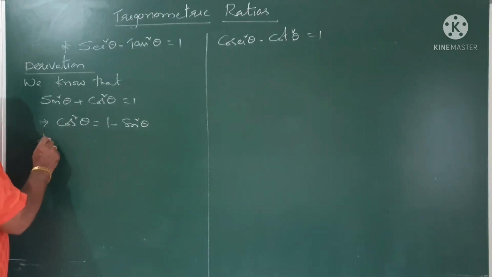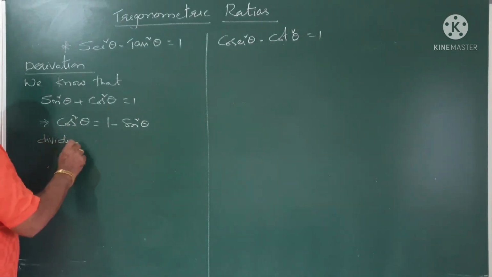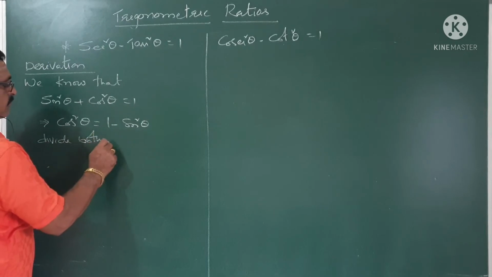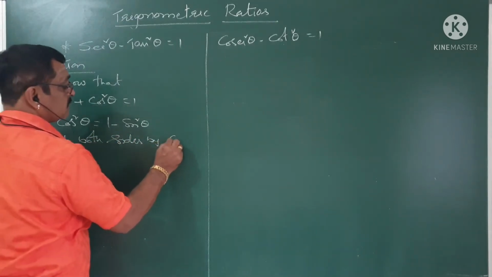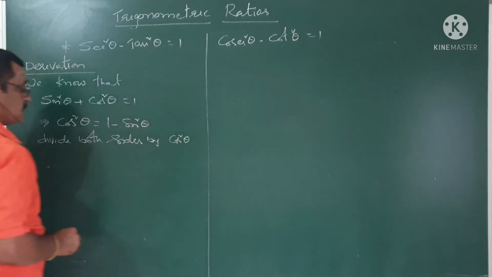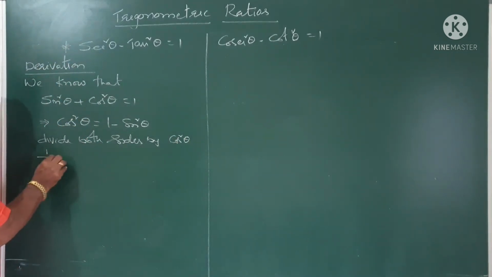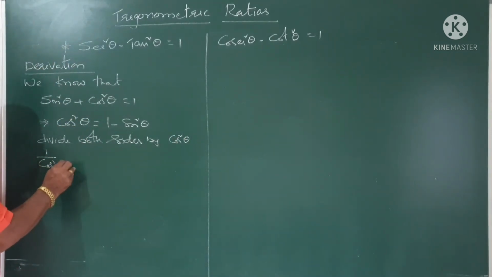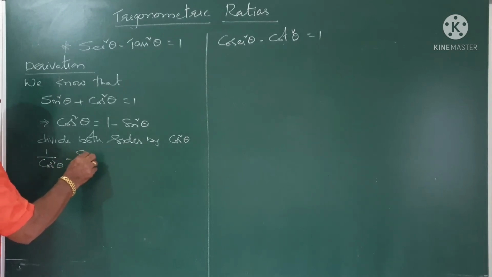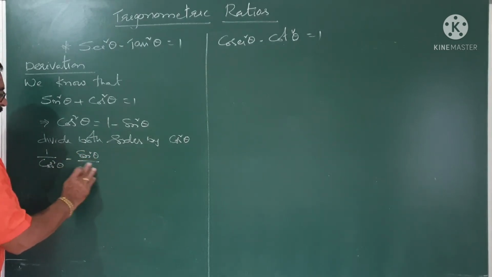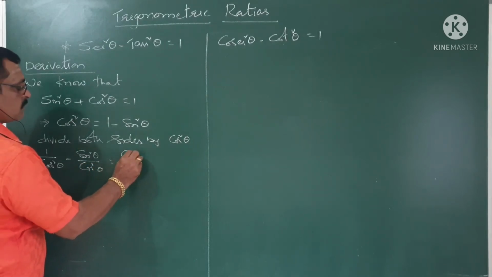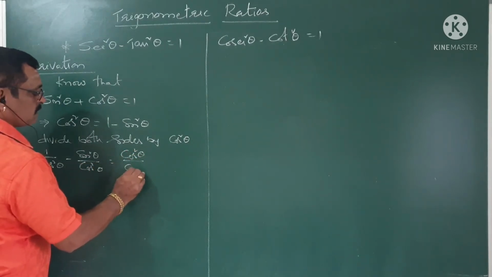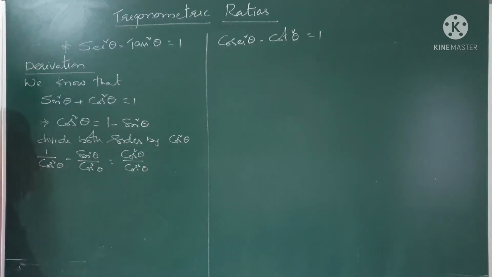If I divide both sides by cos square theta, so we have 1 by cos square theta minus sin square theta by cos square theta is equal to cos square theta by cos square theta.